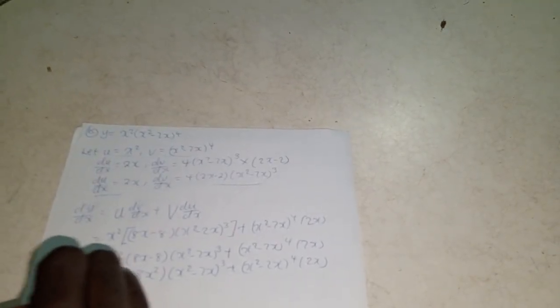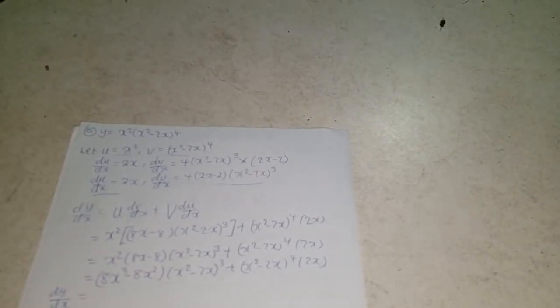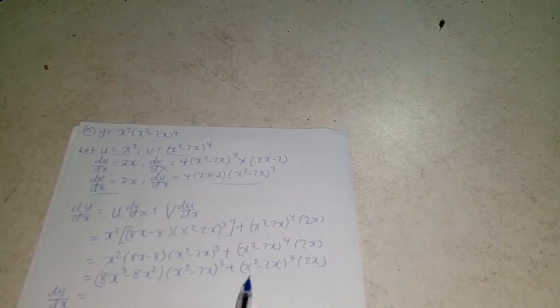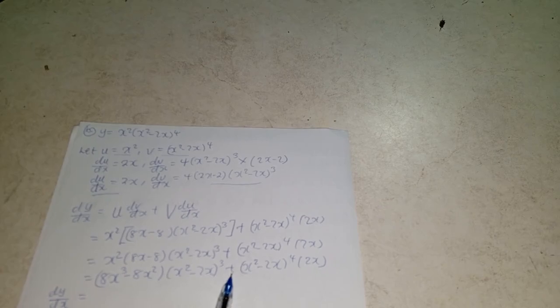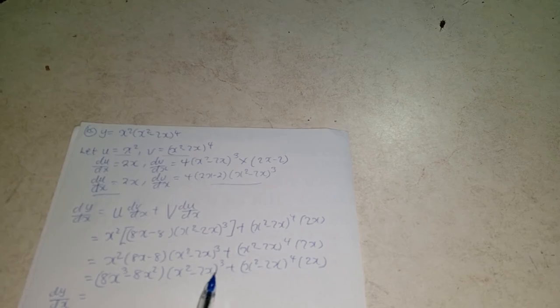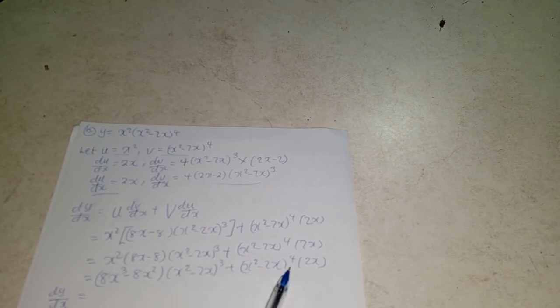Then after that, you're going to say dy dx is equal to what? What is common between this first part and this second part? The parts are separated by this plus sign. This is the first part, then that's the second part. What is common is x squared minus 2x. The only difference is that this is raised to the power 3, and this is raised to the power 4.